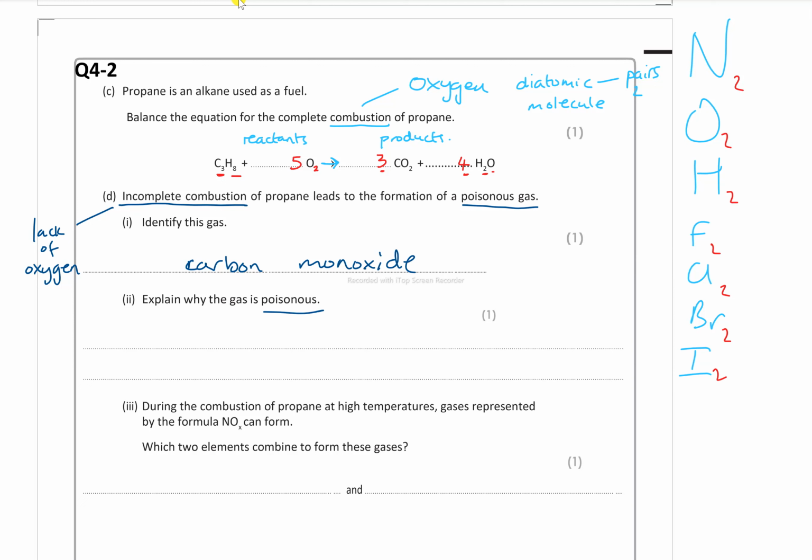Because, right, just learn this: it reduces the blood's capacity to carry oxygen around the body. That's it done.